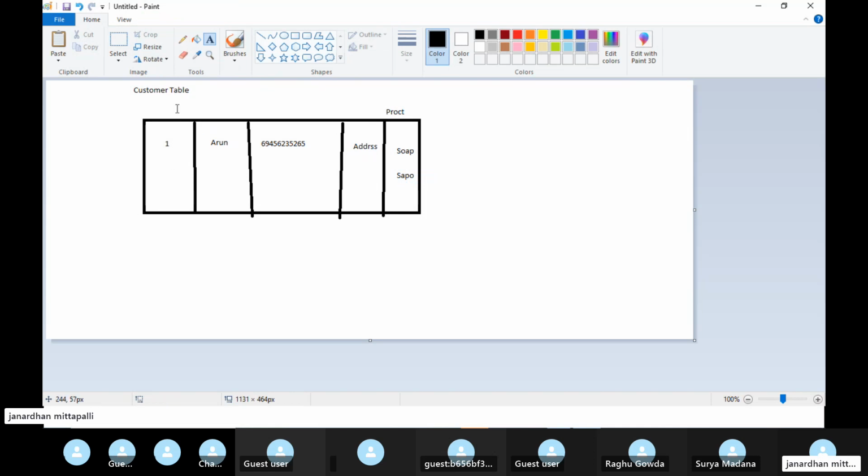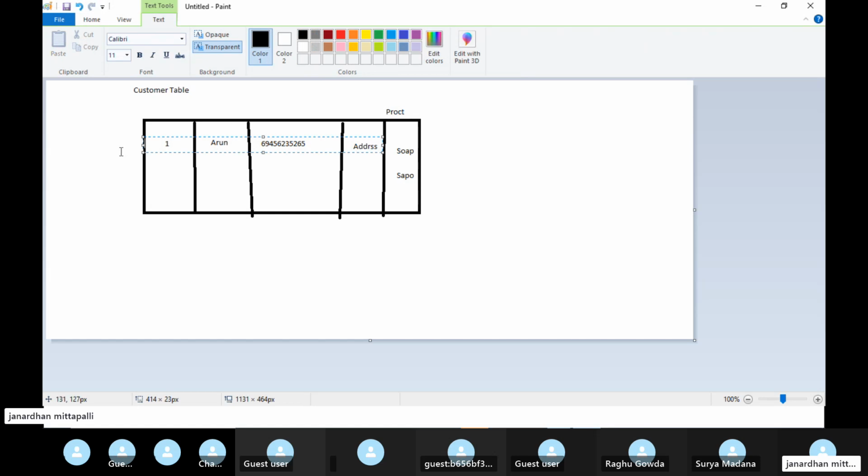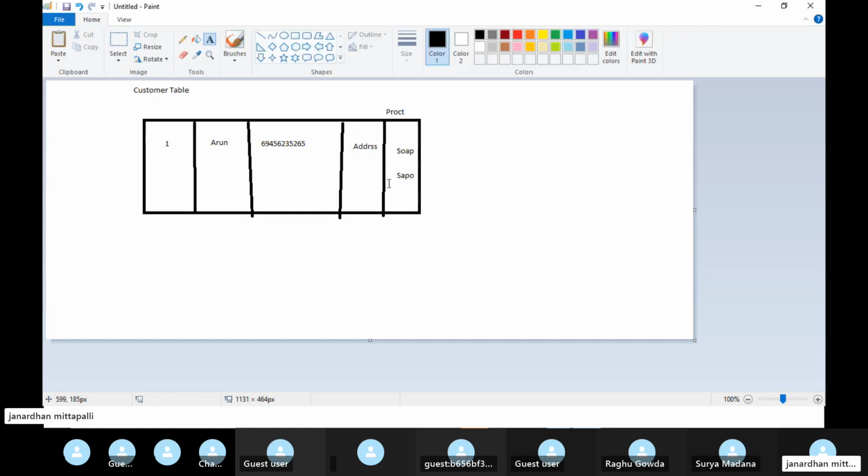But usually if the customer table has only customer information, then for each single customer only a single row will be created. But if you add other data, like product or services, any non-relevant information, then it leads to an increase in the rows for a single customer.